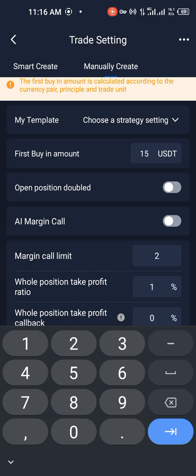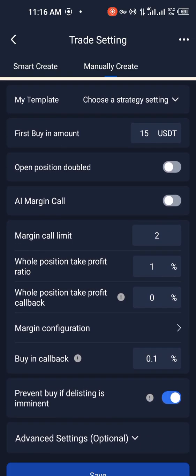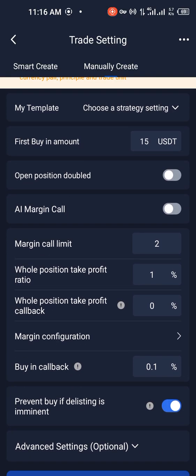You can say 1, because the bot will not take anything other than from 1% upwards, except you want to do a manual sell. Manual sell as in you want to take profits manually, but here on the bot interface, it's not going to take anything less than 1% and above.